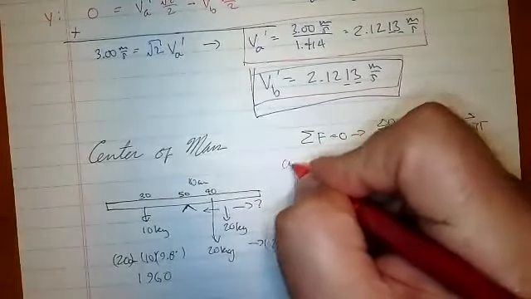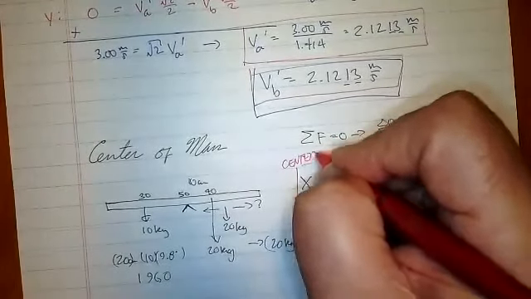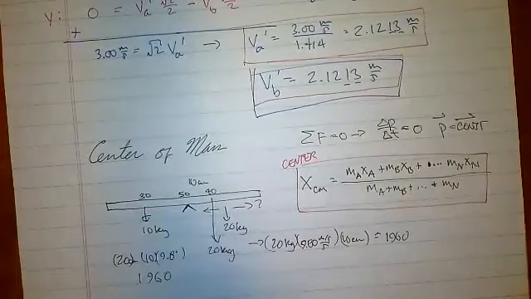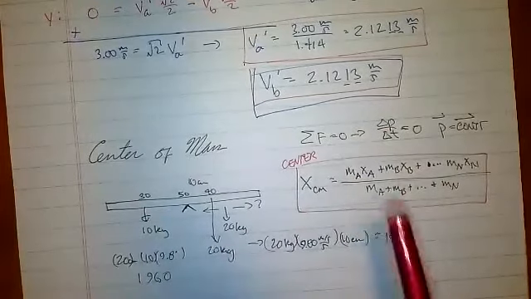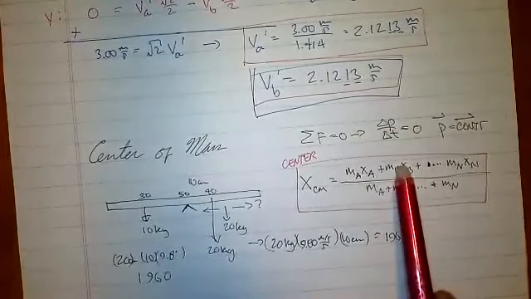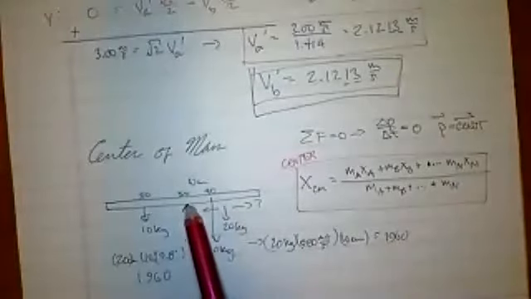So that's the center of mass formula for discrete items along some kind of plank. Basically, what you'd want to do is do all this, and then you could put your finger there.